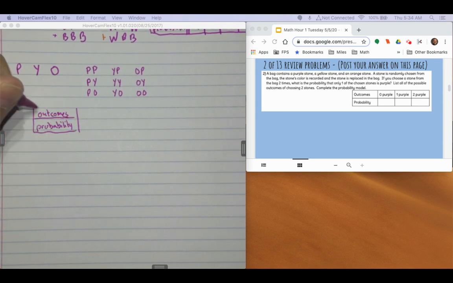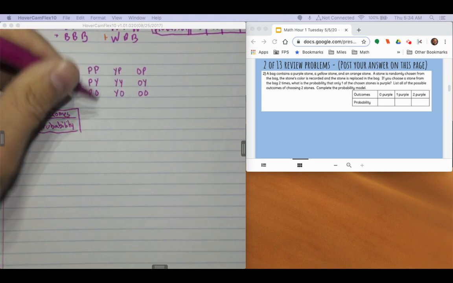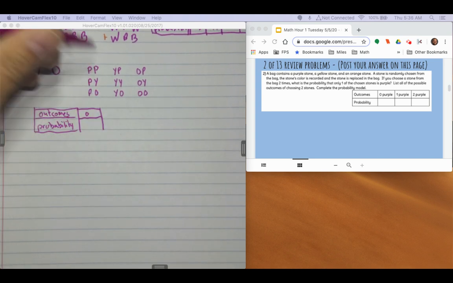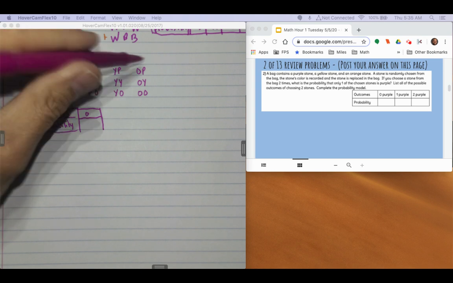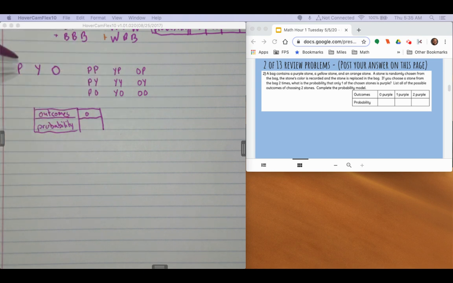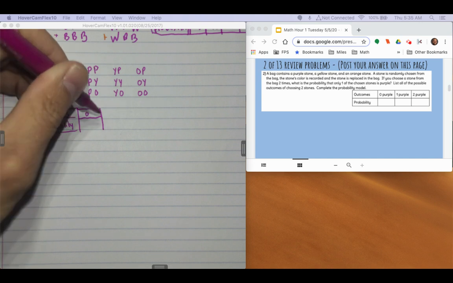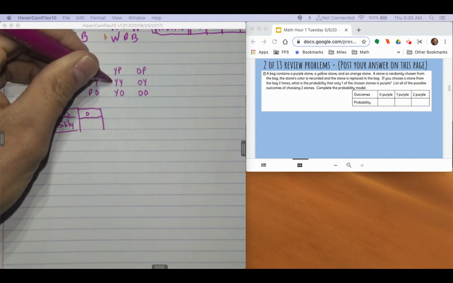And with that, having 0 purples, see here, 3 times 2 choosings is 3. Interesting. Okay, let's see here. 0 purples would be 1, 2, 3, 4. So it'd be 4 out of 9.